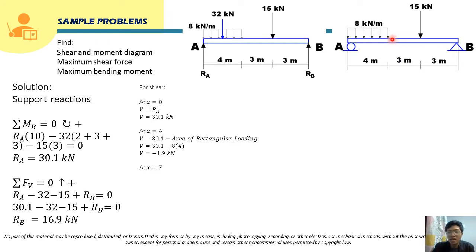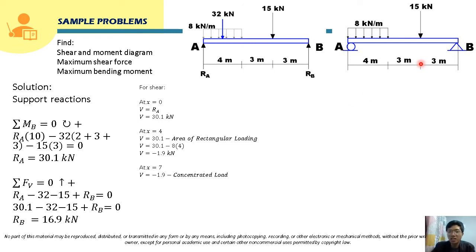That means the previous shear, which is negative 1.9 kilonewton, the shear at 4 meters from the left, will just be constant from this point, 4 meters, up to this point, which is 7 meters. Again, from this point up to this point. Now at x is equal to 7, there is a constant shear here, which is negative 1.9.